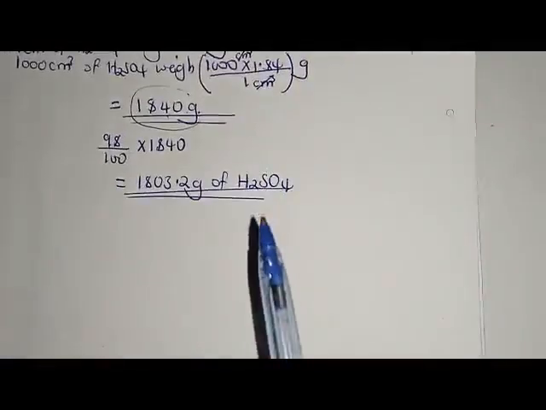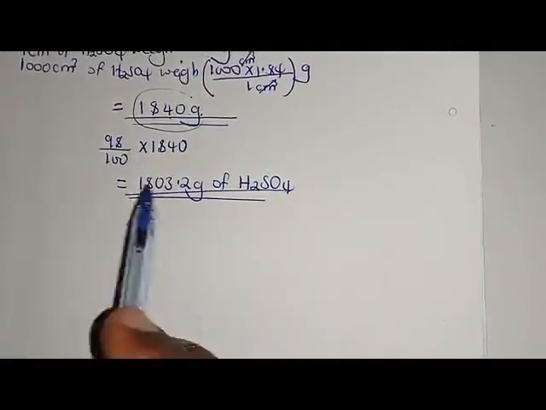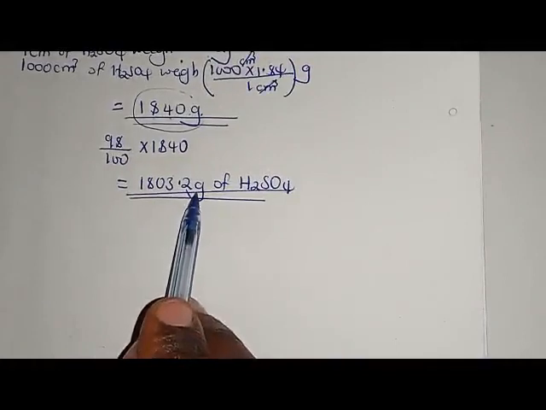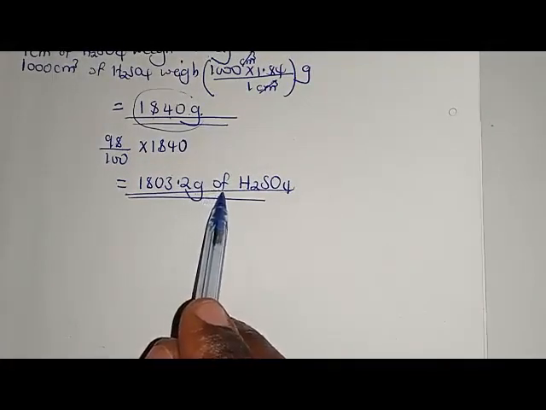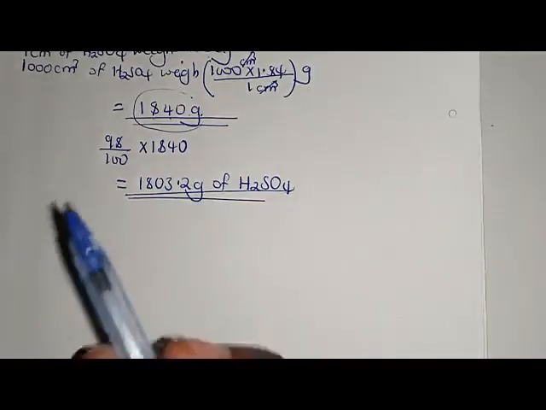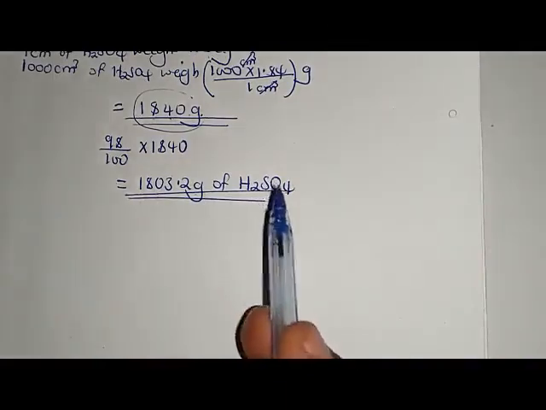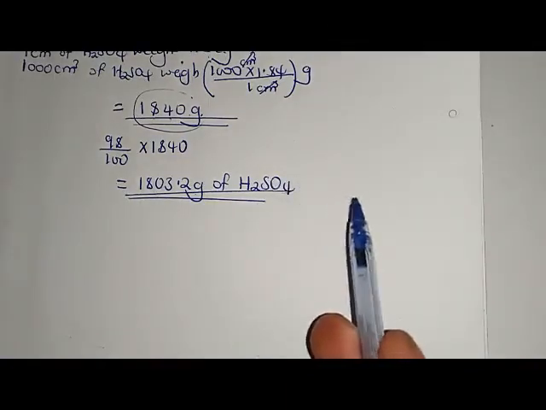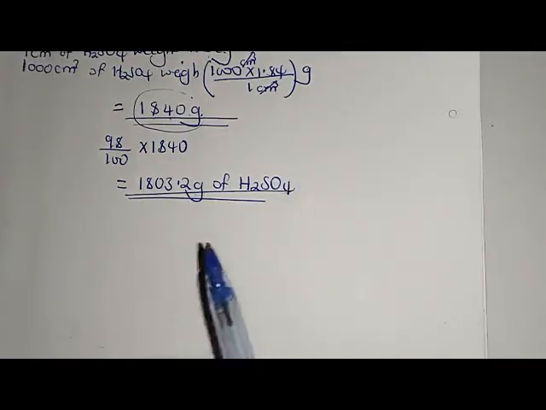So these are the grams of sulfuric acid we are having in this bottle. Now after getting these grams, what next we are going to do is remember from chemistry, the principles of chemistry say always the formula mass, or the RMM or the RFM of something weighs 1 mole of that particular thing.